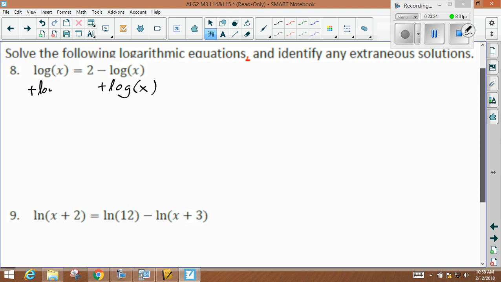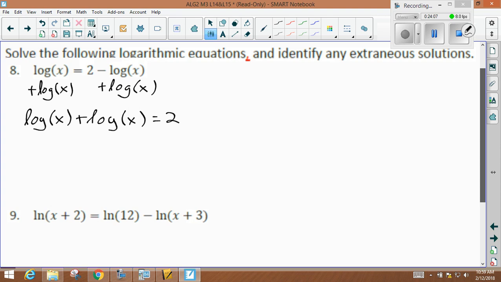I add it to both sides, right? Okay, so I'm going to write then that this is log x plus log x equals 2, right? From here, I can use two approaches. I could say that that is log of x times x, right?